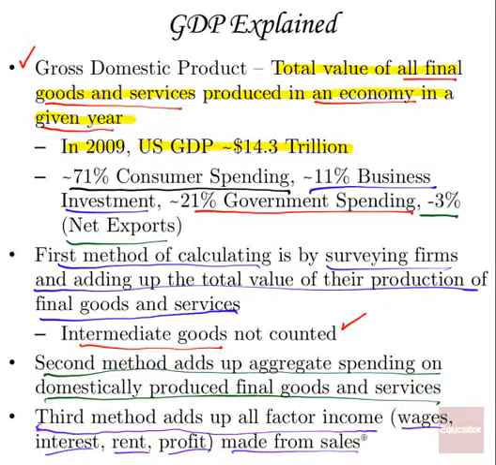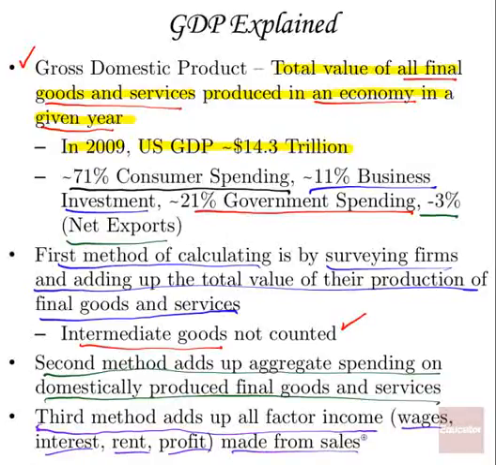So the expenditure approach, you basically add up all the Best Buy purchases, all the McDonald's purchases, you add that all up. And then the factor income approach would be, how much do all the Best Buy employees make? How much do McDonald's employees make?